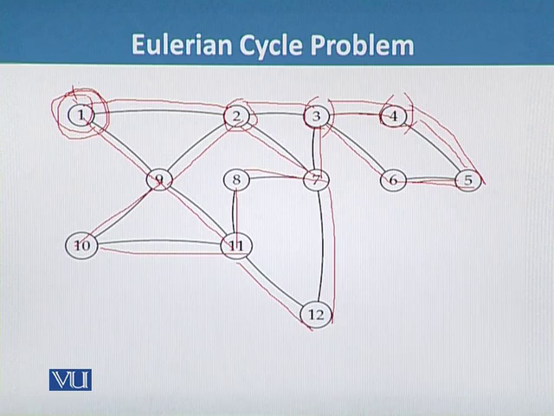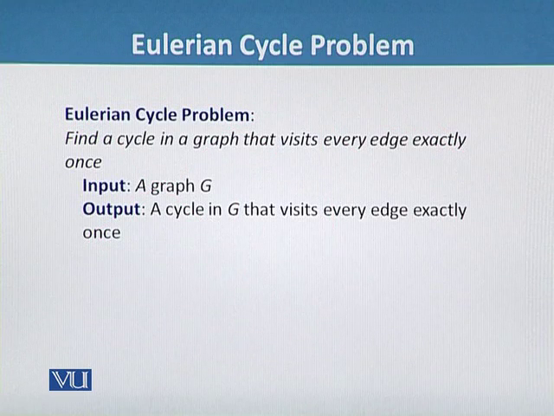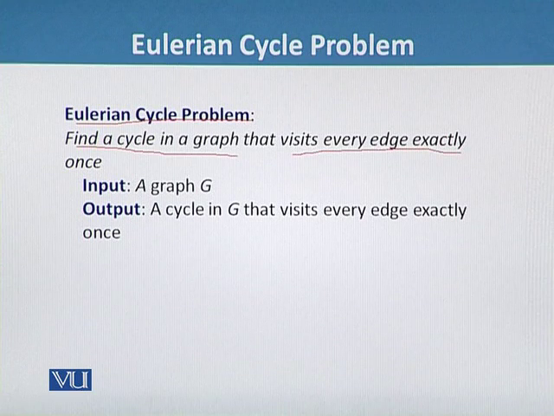This type of graph and problem is called the Eulerian cycle problem. The problem statement is that we have to find a cycle in a graph that visits every edge exactly once, as we have seen previously.